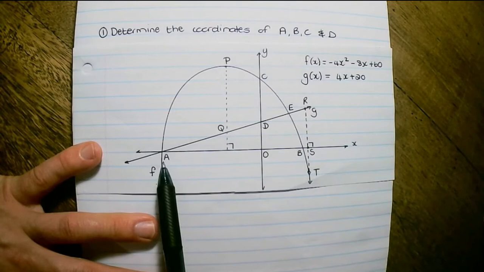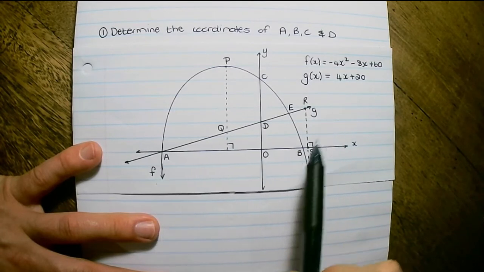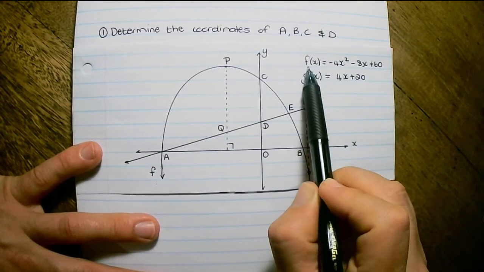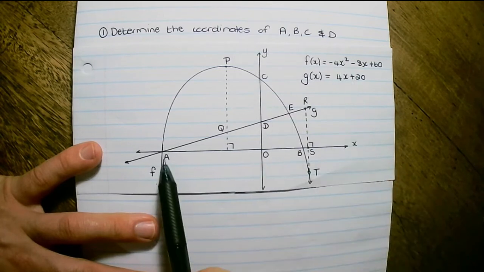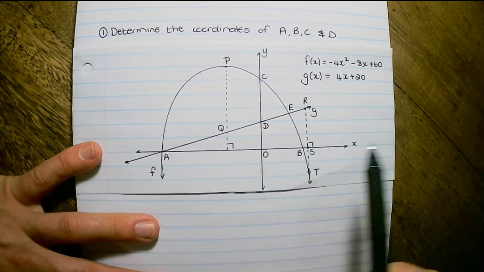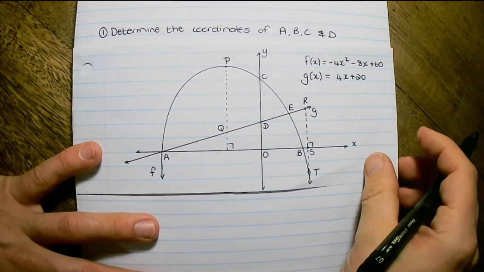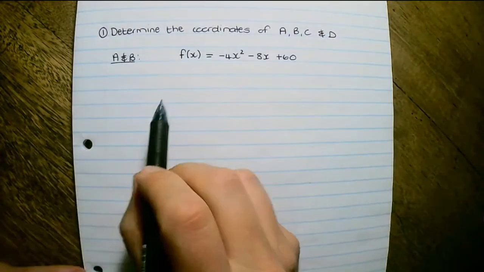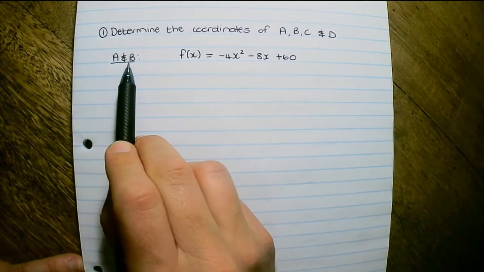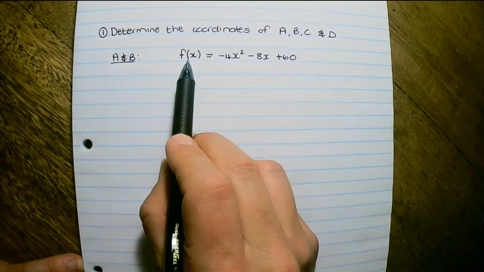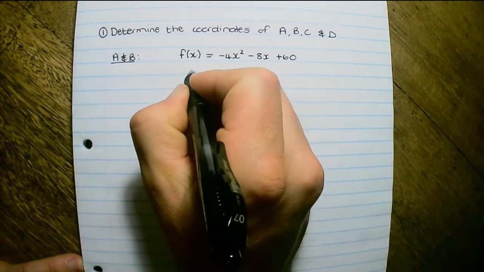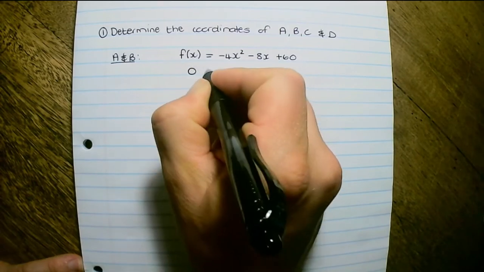So to find A and B, we can set the equation of f(x) equal to 0 because these are the x-intercepts, and for the x-intercepts y is equal to 0. So I have the equation of f(x), the parabola, and I set the y value equal to 0.